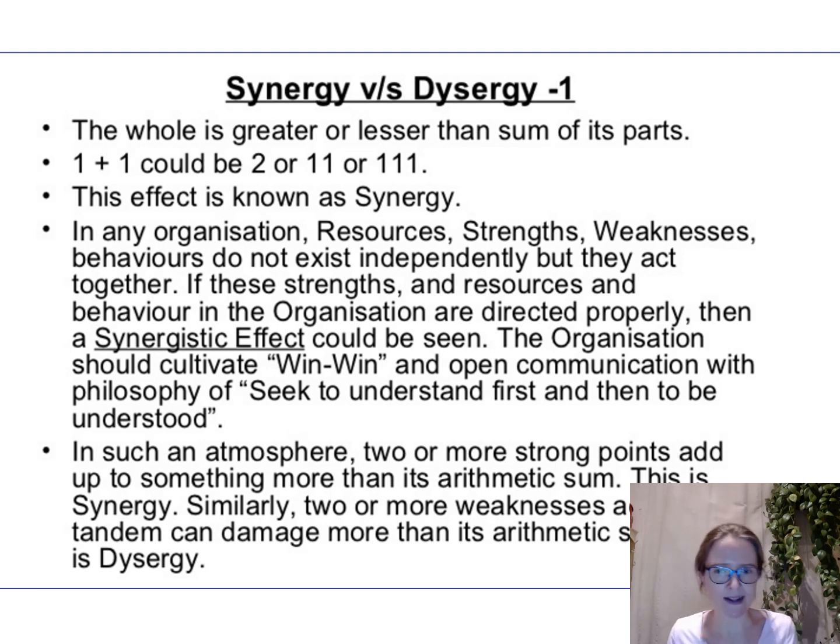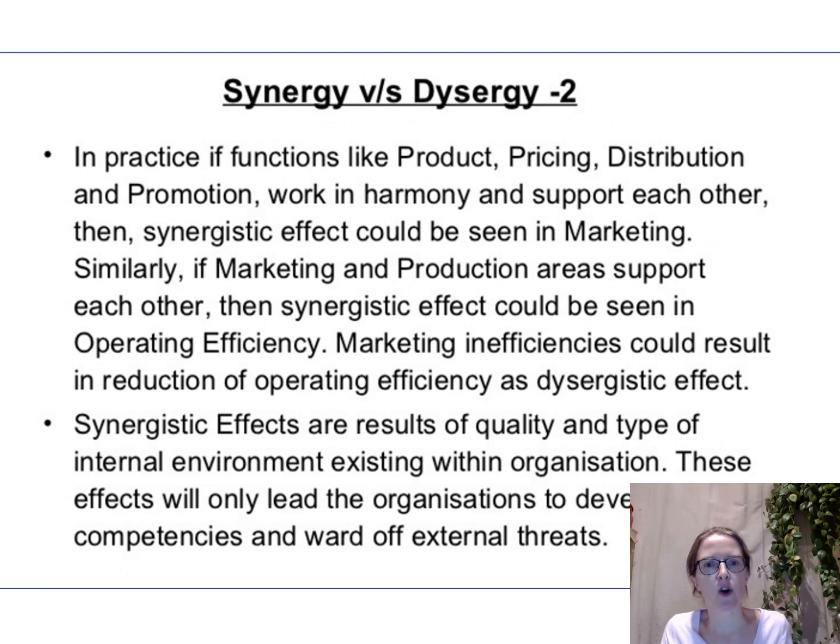Similarly, 2 or more weaknesses acting in tandem can damage more than their arithmetic sum. So this is dysynergy. If functions like product, pricing, distribution and promotion all work in harmony and support each other, then hopefully we would see a synergistic effect in marketing. And similarly, if marketing and production areas support each other, then this effect could also be seen in operating efficiency.